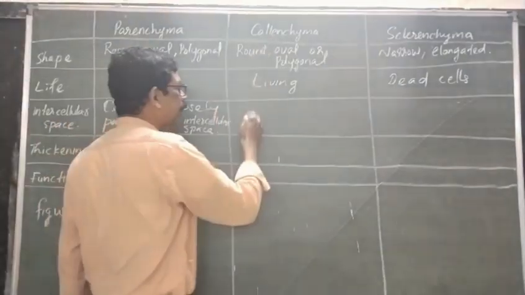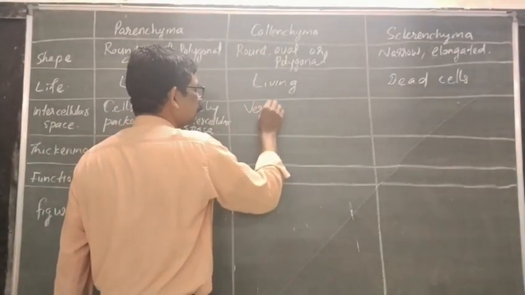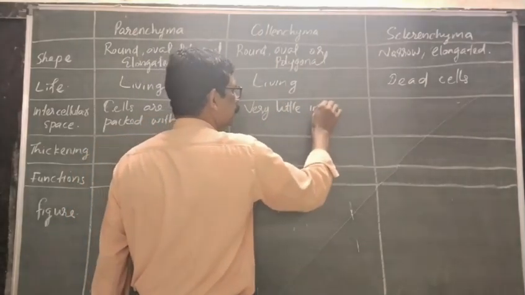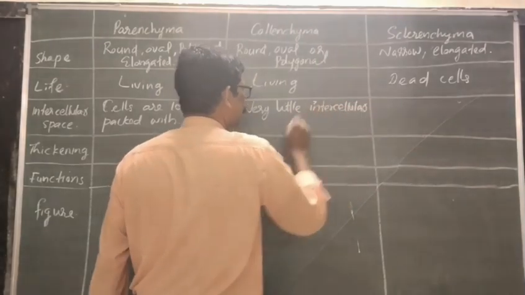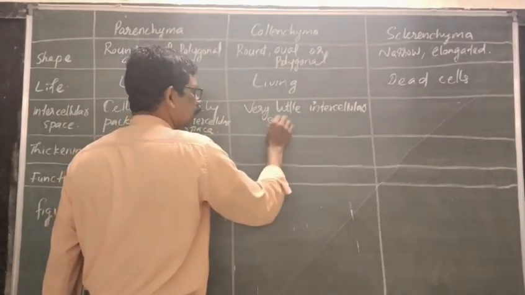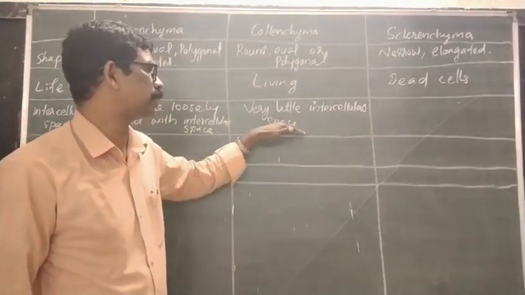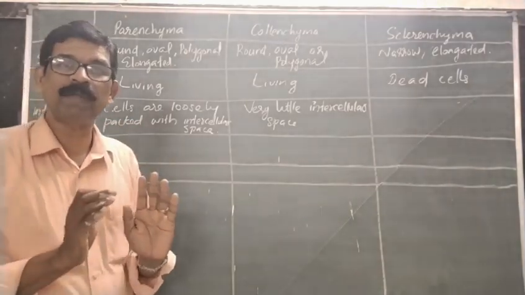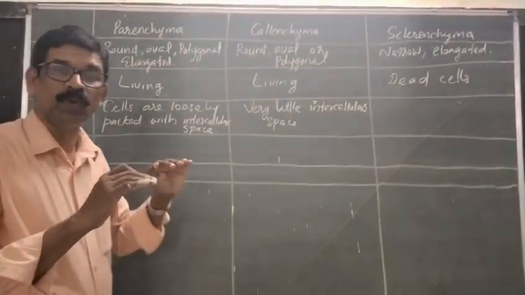But in case of collenchyma, very little intercellular space is present. That is one of the peculiarities. In parenchyma, intercellular space is present because the cells are arranged so loosely.